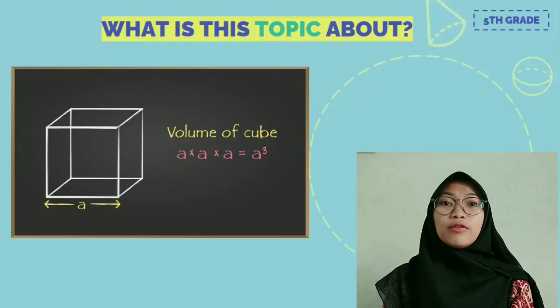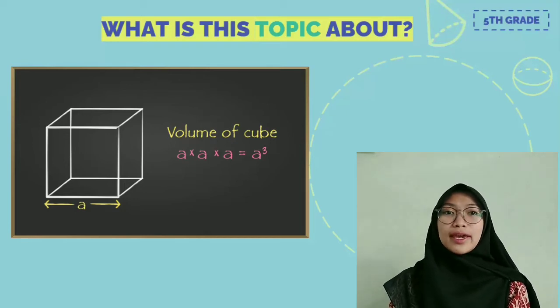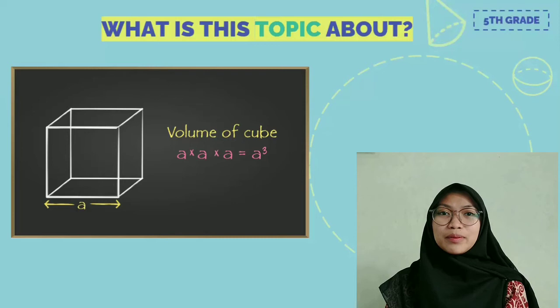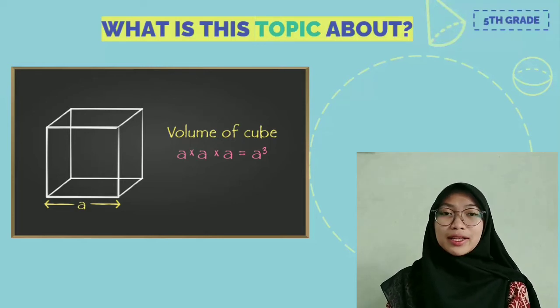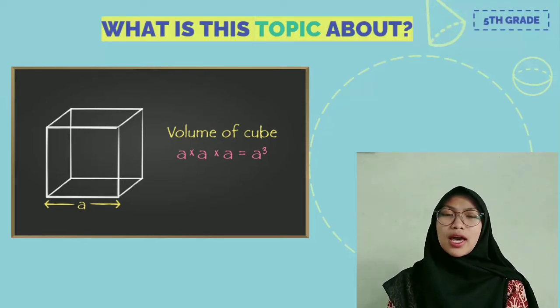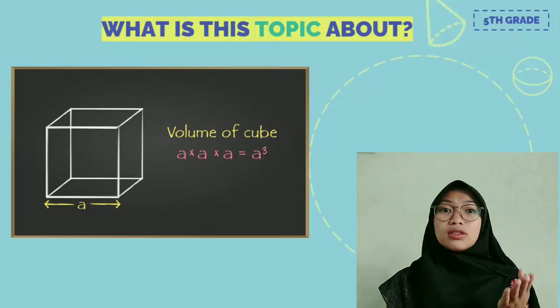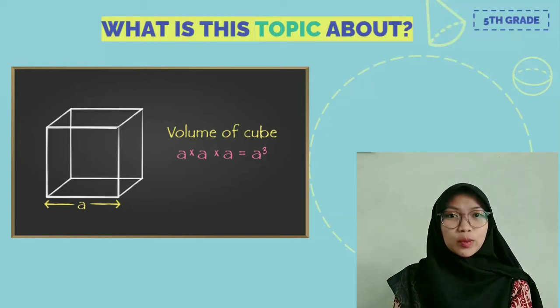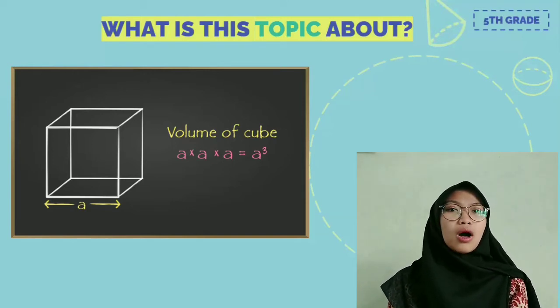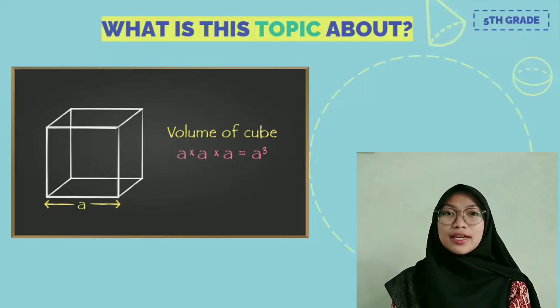Since we know the volume of cuboid is length multiplied by breadth multiplied by height, and the cube is a special case of cuboid, where all length, breadth, and height are equal.